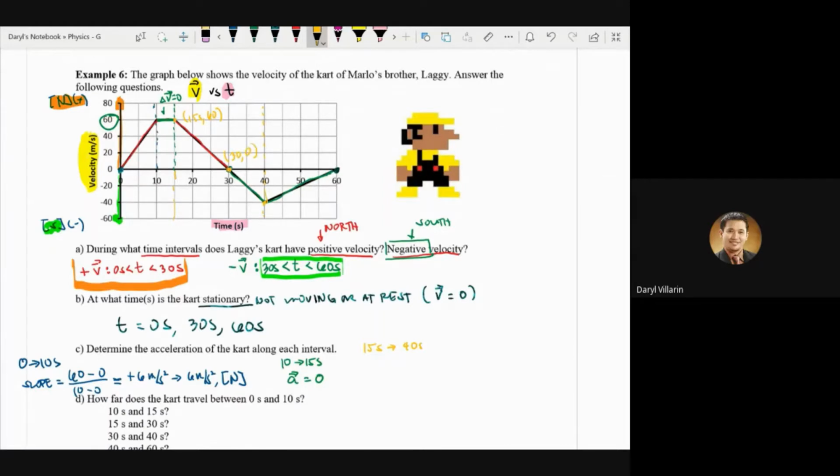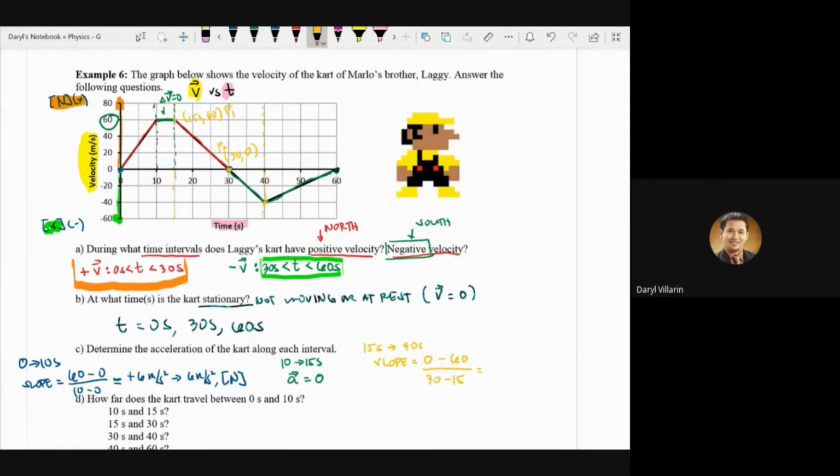So this is 0, right? So the slope there would be 0, because this is now my P2. Remember, this is my P2. This is my P1. So Y2 is 0 minus Y1 is 60, all over 30 minus 15.